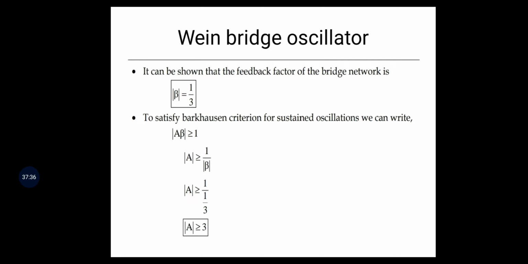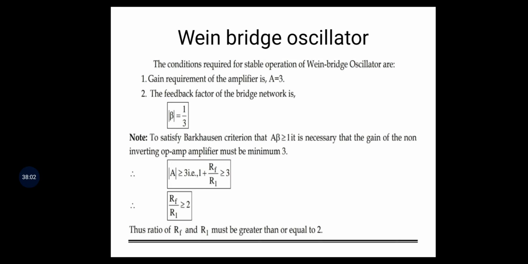To satisfy the Barkhausen criterion A beta greater than or equal to 1, it is necessary that the gain of the non-inverting op-amp must be minimum 3. Here gain mod A greater than or equal to 3. So the gain requirement of the amplifier is minimum 3, A equal to 3.